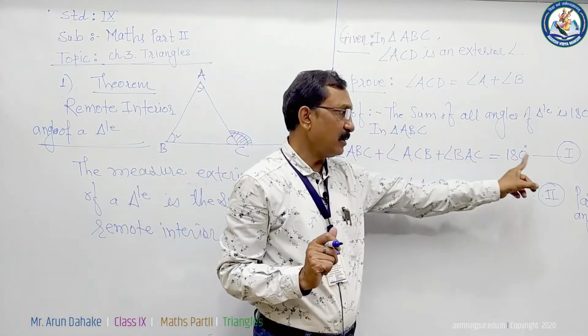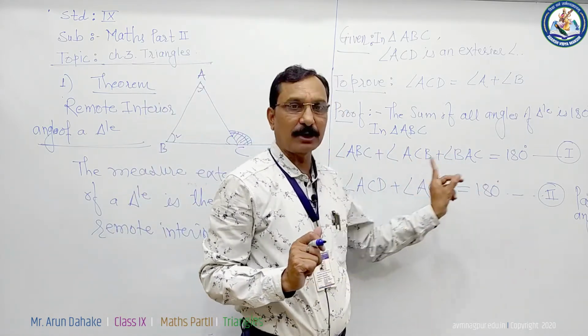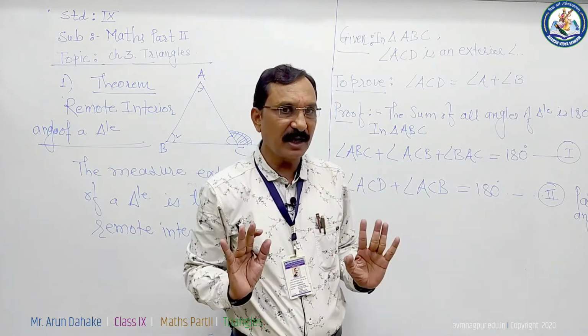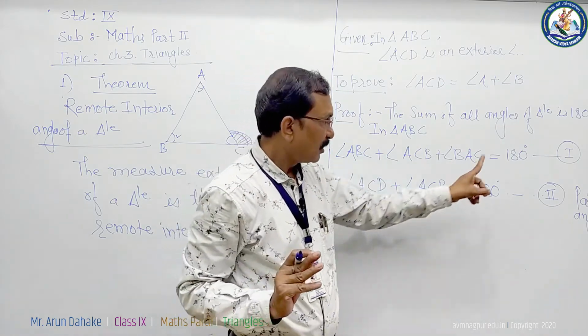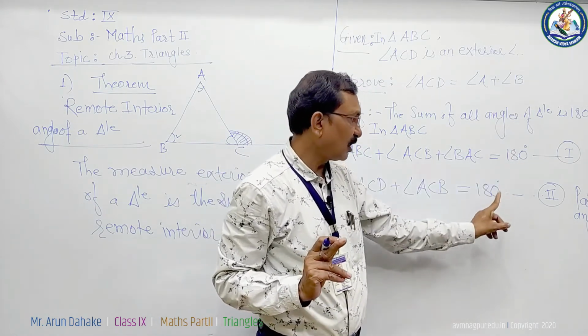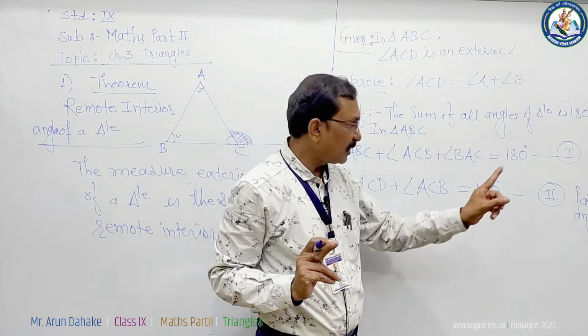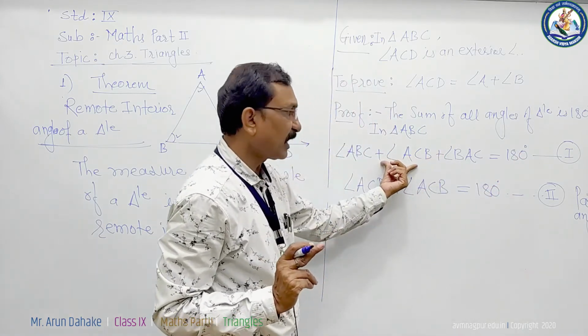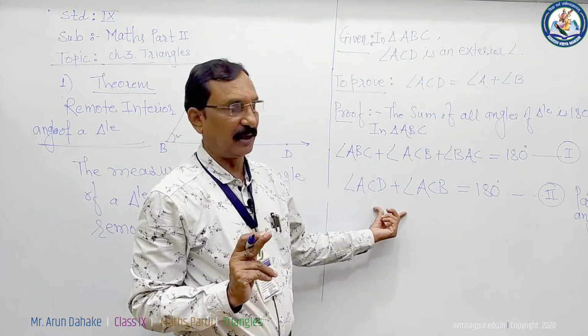Now, observe equation number 1 and equation number 2. Which side is the same there? The right hand sides are the same: 180 degrees here, and also 180 degrees. Now, if the right hand sides are equal, then the left hand sides are also equal.